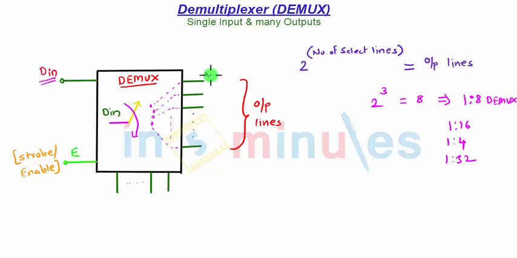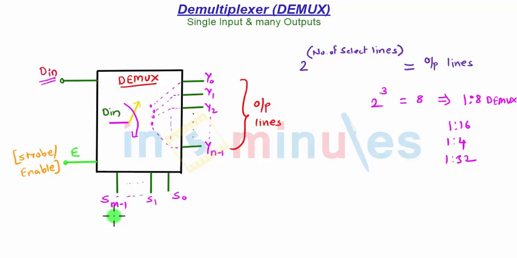Those outputs we can name y0, y1, y2 all the way to yn-1, and depending upon the select lines we can use s0, s1 all the way to sm-1. So there will be m select lines and n outputs.